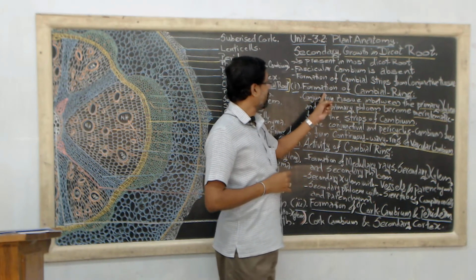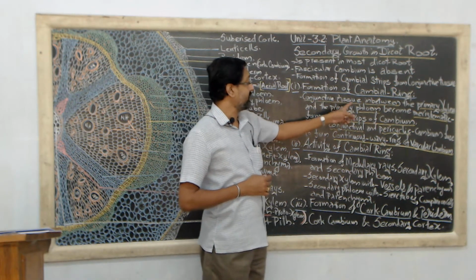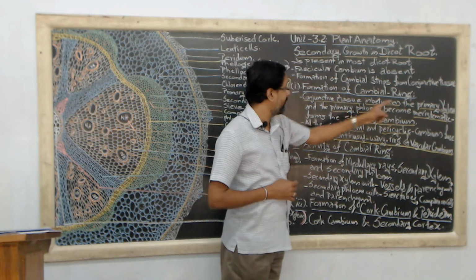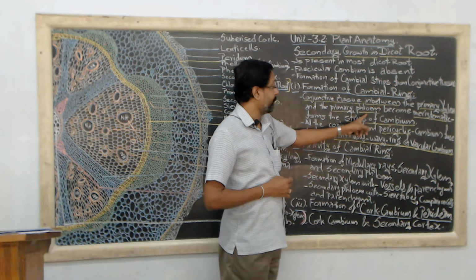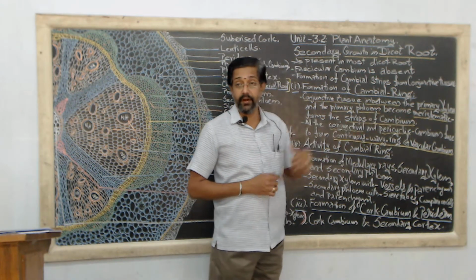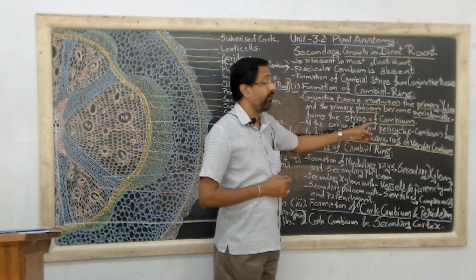So here is the first process, formation of the cambial ring. The conjunctive tissue in between the primary xylem and the primary phloem becomes meristematic and forms the strips of cambium.